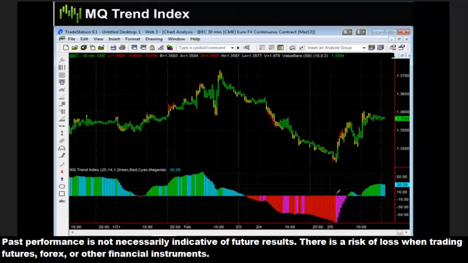If you look right here, when the bars turn from red to magenta, it's pretty close to the bottom. Or when they turn from green to cyan here, that's pretty close to the top. So it's a very reactive trending indicator, unlike what we might see from moving averages that tend to lag a lot more.